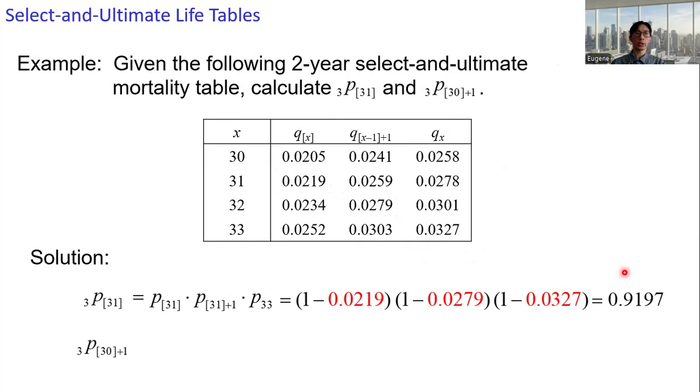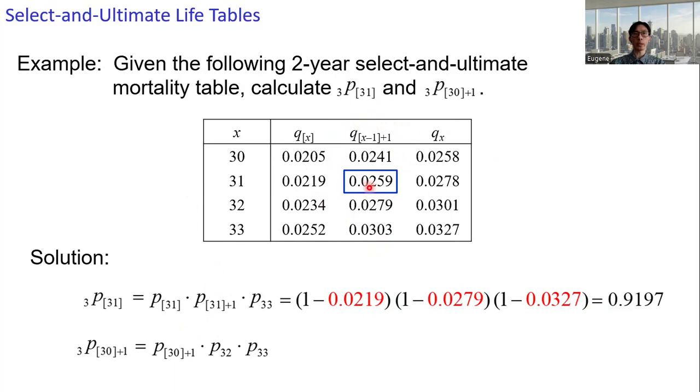The next quantity, 3p[30]+1, expressed in terms of the product of p[30]+1 times p32 times p33. p[30]+1 should be somewhere in this column. We have 0.0259. We need to get a square bracket at age 30. So here, this column, the square bracket is x minus 1.